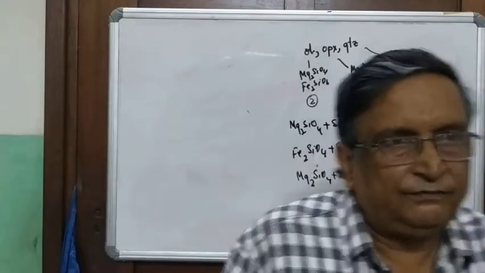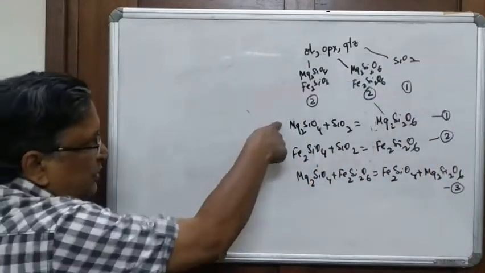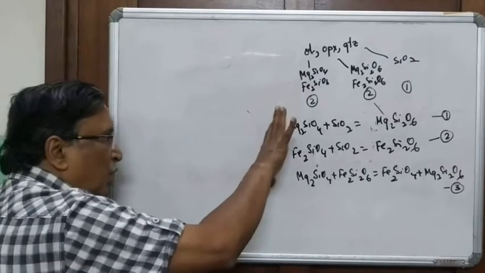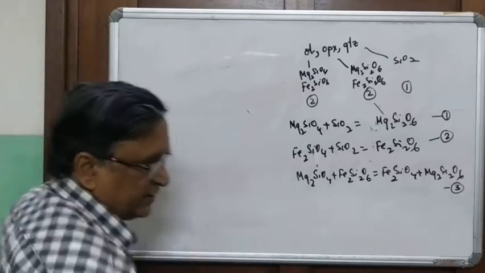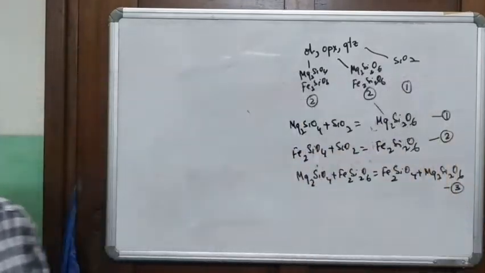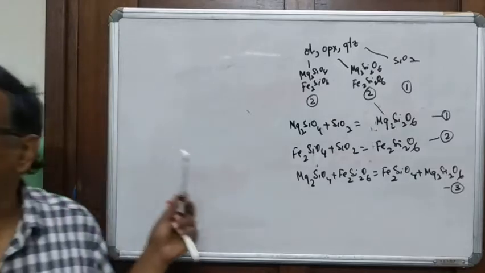Out of these, any two are independent. Either these 2, then the third is redundant, or another 2, then the remaining one is redundant. Theoretically, any 2 will do.